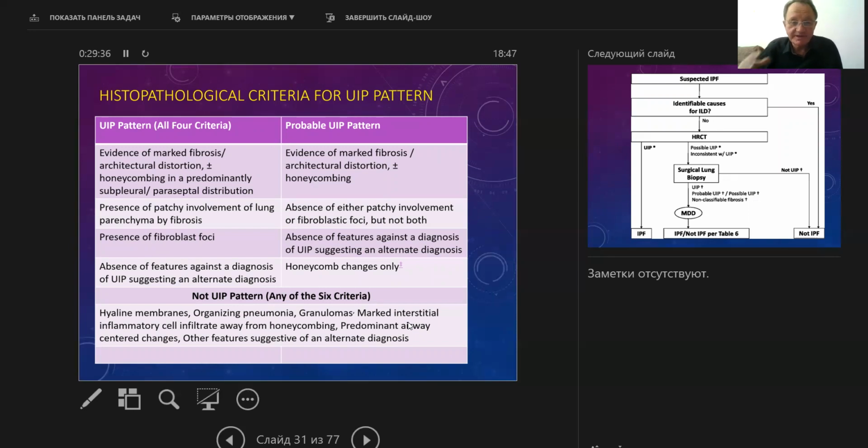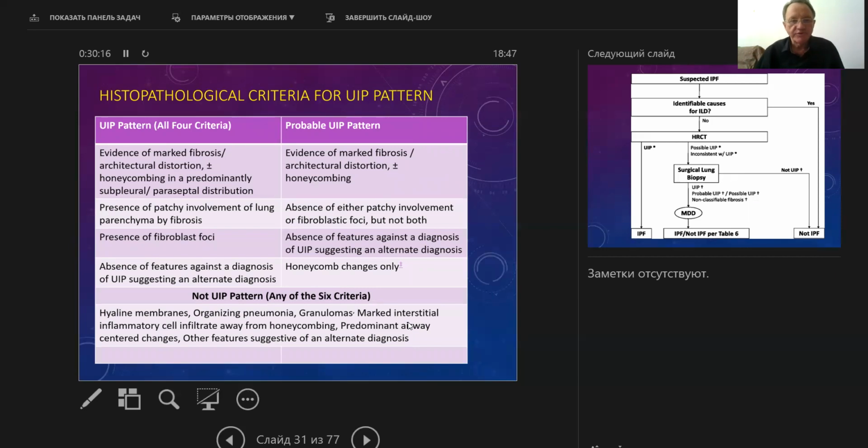Now the histopathological criteria, but I would like to stress, it's not for all patients. If, for example, we can't find the pattern of usual interstitial pneumonia on high resolution CT scan, we can recommend lung biopsy. Otherwise, we must make the diagnosis after high resolution CT scan when we obtain the pattern of usual interstitial pneumonia.